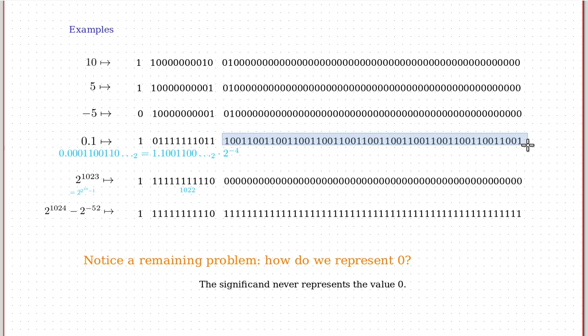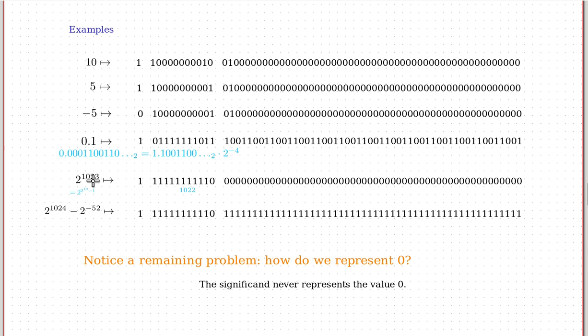And of course, we can't give infinitely many repeating digits, we just give the first 52 of those digits. That's all you're able to do. And again, because of that, it's truncated, and the value of 0.1 in the computer is not quite as big as the true value of 0.1, right? We left off all the digits from the 53rd on.